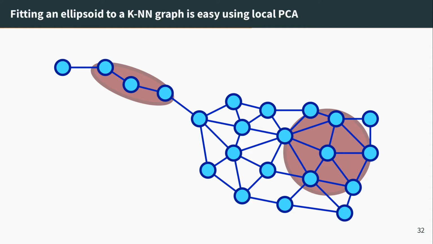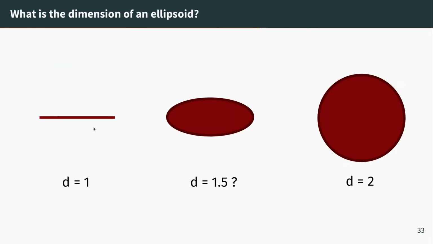So, okay, basically, using those numerical routines, you're able to fit locally an ellipsoid. And then the good thing is that you can now try to answer the question, what is the dimension of an ellipsoid? So clearly, an ellipsoid which is degenerate, with just one non-zero direction and one zero direction, clearly has dimension 1, as it corresponds to a region of dimension 1.